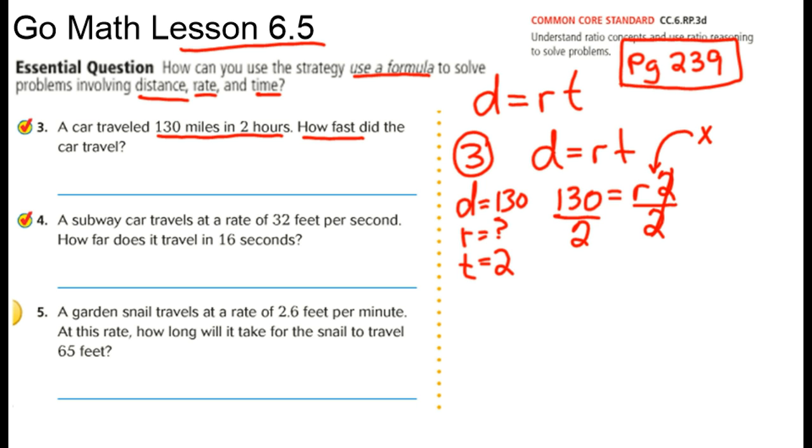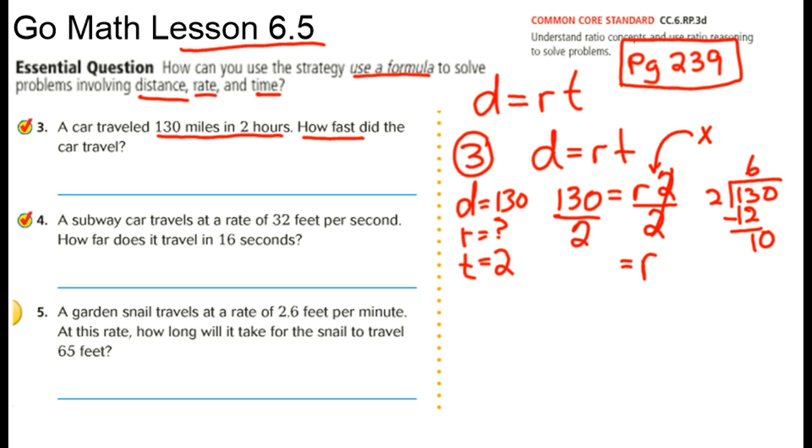2 divided by 2 cancels. Therefore, r is going to equal however many times 2 goes into 130. So you would work out that division, or use your calculator. 2 goes into 13. That's 6 times. 6 times 2 is 12. We subtract.